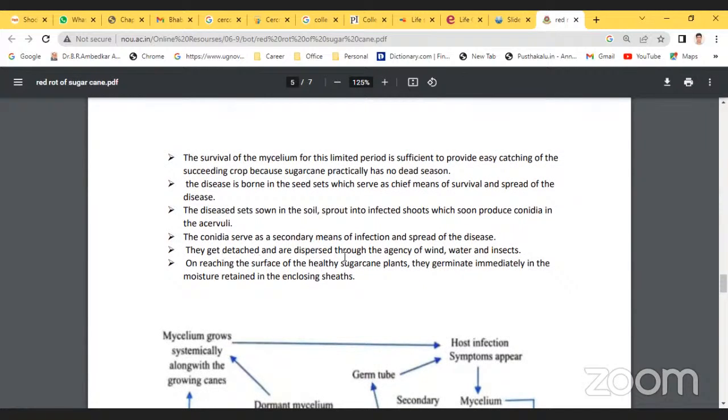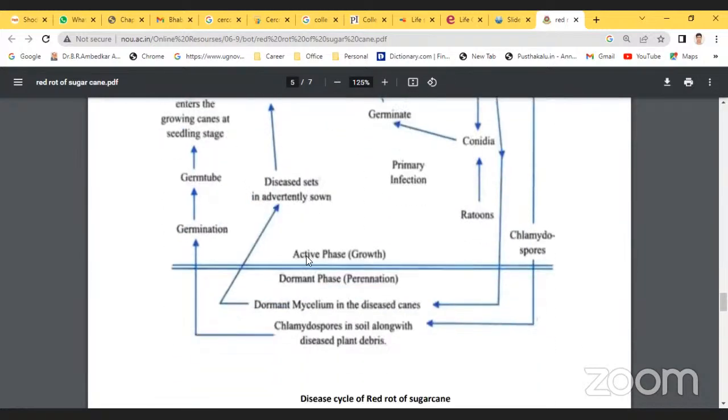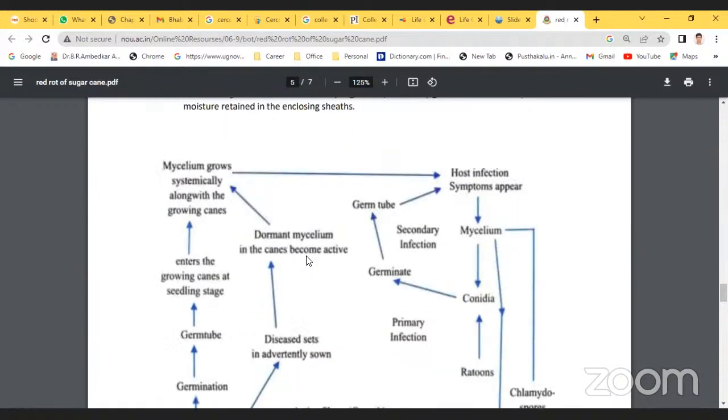They get detached and dispersed through the agency of wind, water, and insects. On reaching the surface of healthy sugarcane plants, they germinate immediately in the moisture retained in the enclosing sheath. So this is the disease cycle of red rot of sugarcane.